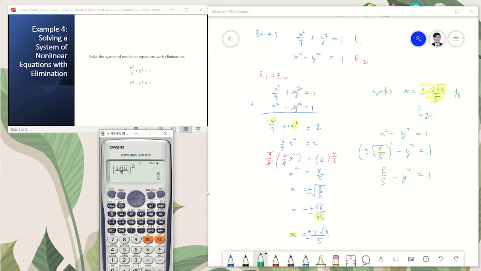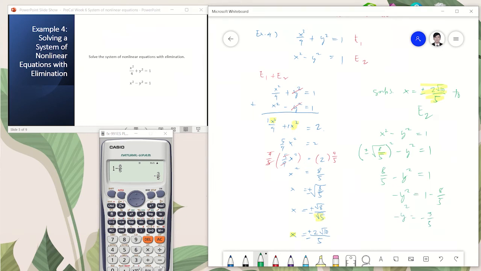Then, next would be isolate the y. So we need to add a negative 8 fifths in both sides. So 1 minus 8 fifths here. When we added a negative 8 fifths, it will become 0. So now, 1 minus 8 fifths is equal to negative 3 fifths.